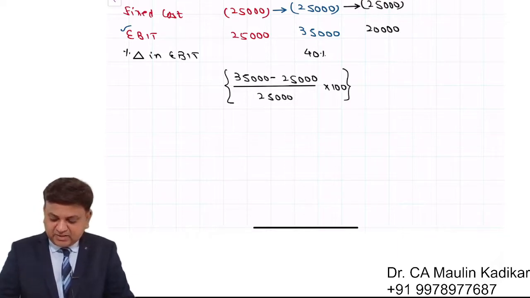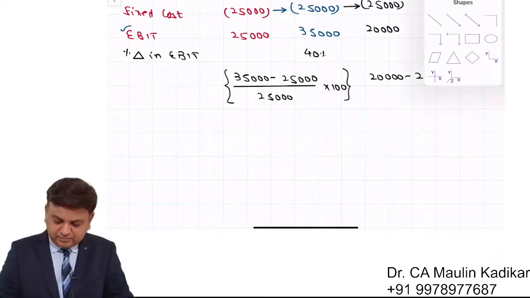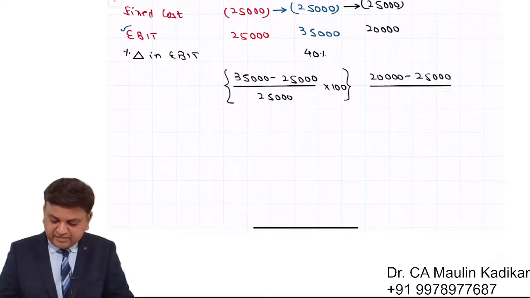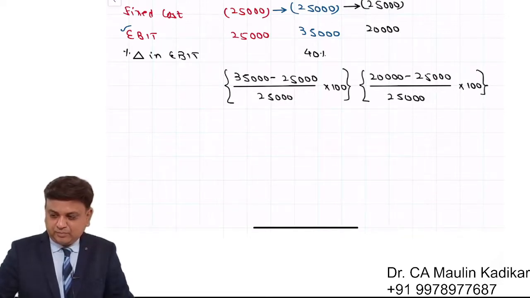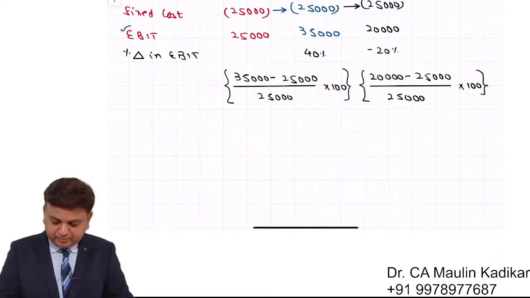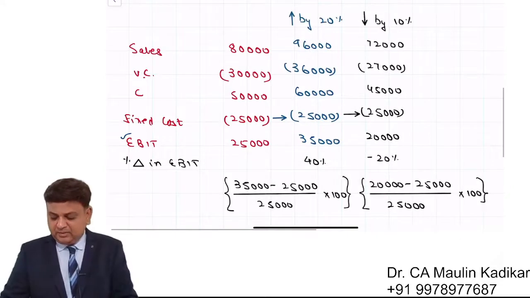In the second case, it reduces to 20,000 from 25,000, divided by 25,000 into 100. So it reduces by 20 percent.